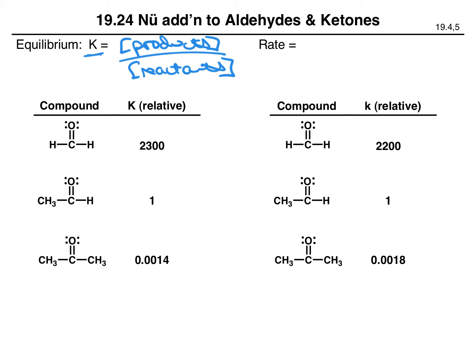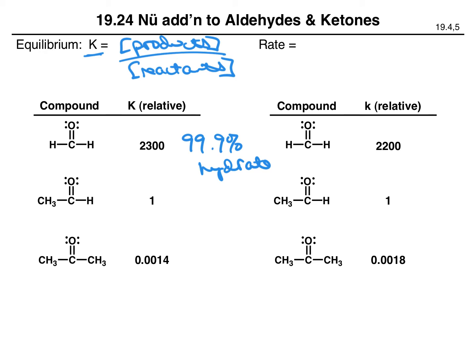In other words, K is much bigger, and so there is a lot more of the products than there are of the reactants. And so in this first case, we're looking at about 99.9% hydrate and only 0.1% will exist as formaldehyde itself.